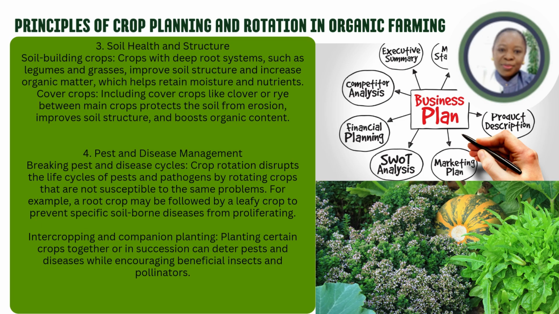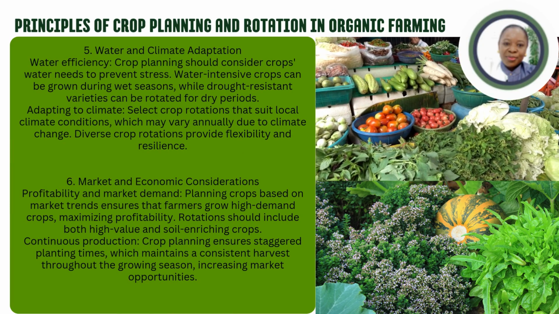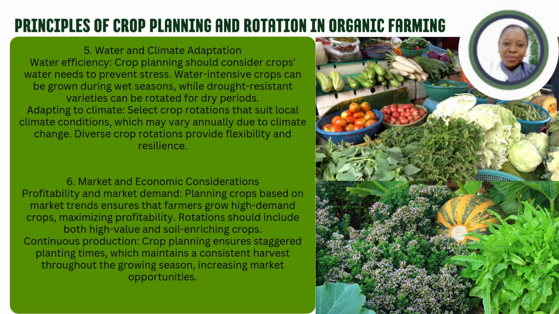Intercropping and companion planting. Planting certain crops together or in succession can deter pests and diseases while encouraging beneficial insects and pollinators.